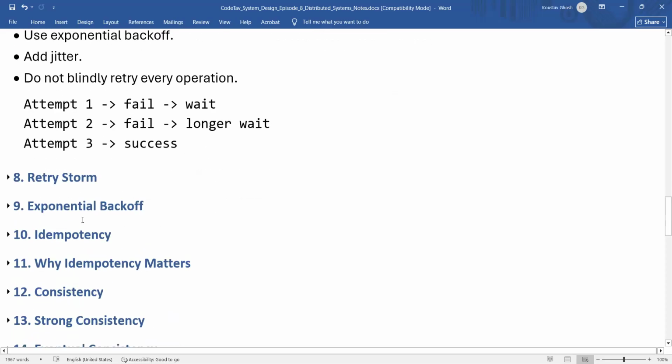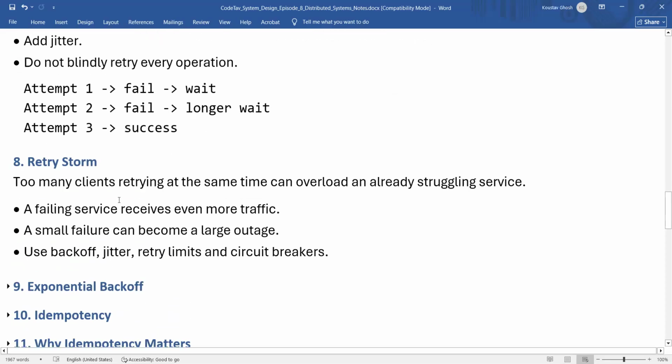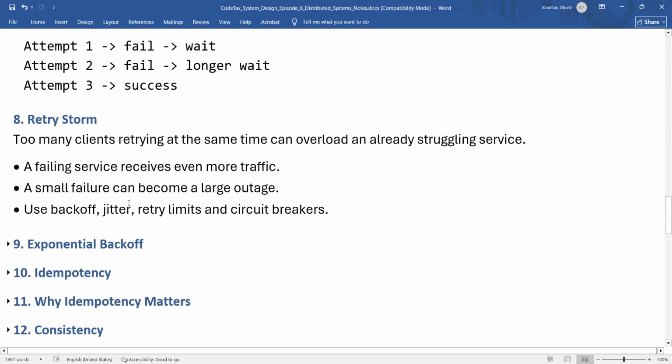Next, the retry storm. Imagine our payment service is temporarily unavailable. Suppose 10,000 users are trying to make payments. All 10,000 requests fail, so now every client immediately retries. The payment service receives another 10,000 requests. It fails again, then all clients retry again. Now we have even more traffic. This is called a retry storm. Instead of helping the system recover, our retries are actually making the problem worse.